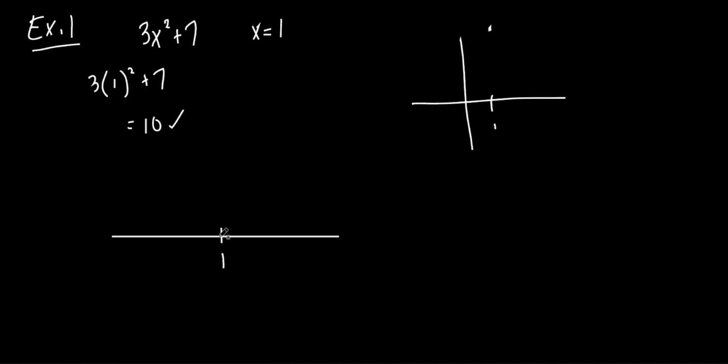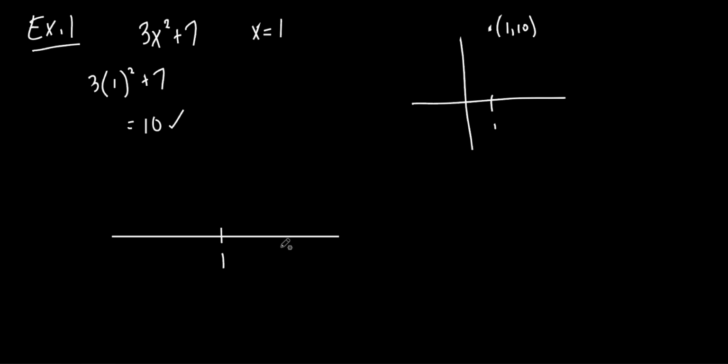It says the function approaches the same y value on the left and right sides of x equals c. So the y value for this point right here would be 10. Would you agree? Because you went over 1, how far did you go up? You went 10, according to putting that number in there. So that's 10.